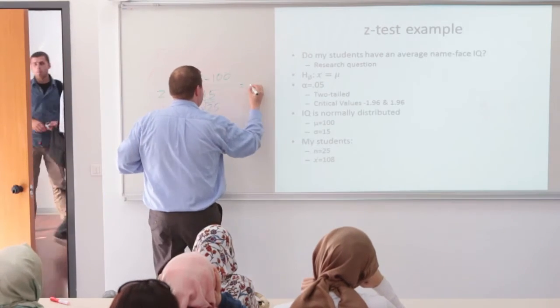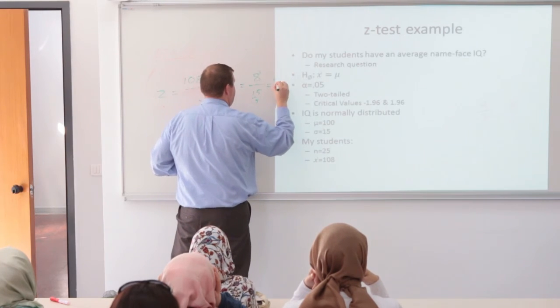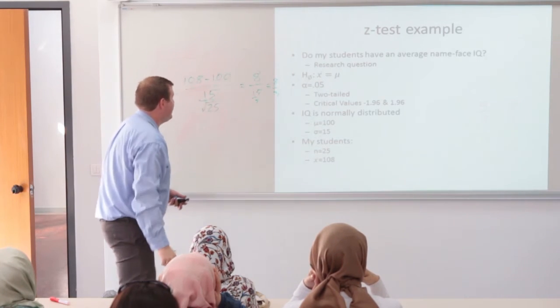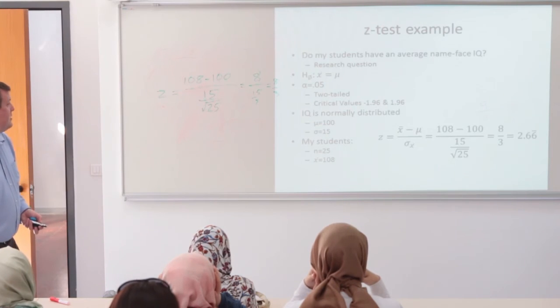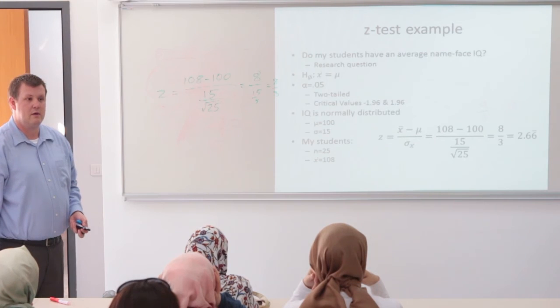So this is just 8 over 15 over 5. That's just 8 over 3. That's just 2 and 2/3. 2.66.